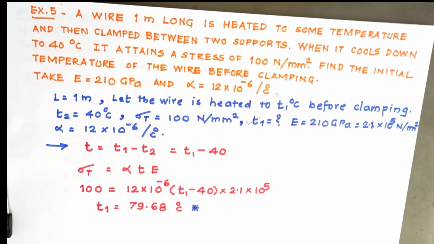So in these 2 videos, this video and previous video, we have seen what is the meaning of thermal stresses or temperature stresses, what are the expressions, and then we have solved 5 different problems which will be very helpful to you while studying at the examination. So with this we finish this part of temperature stresses. Thank you.